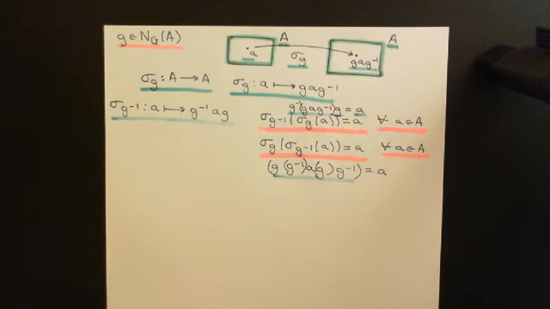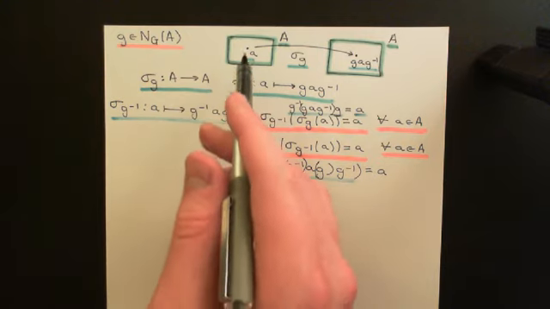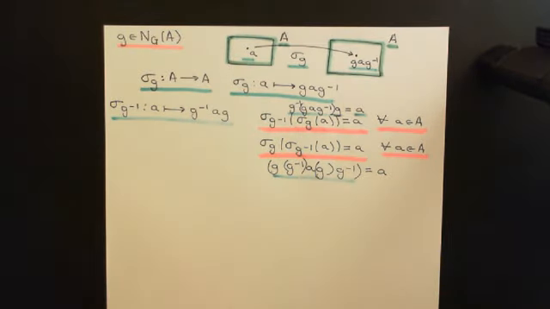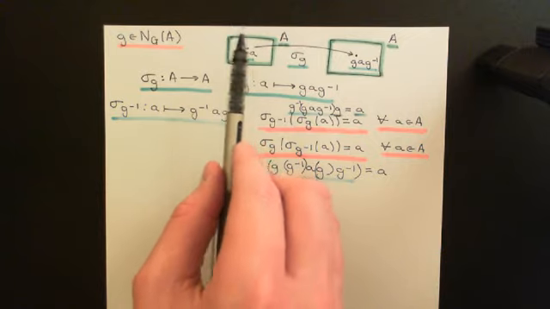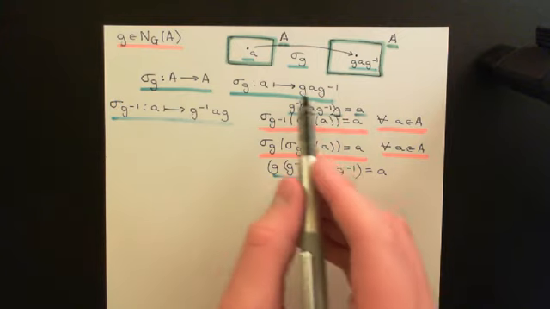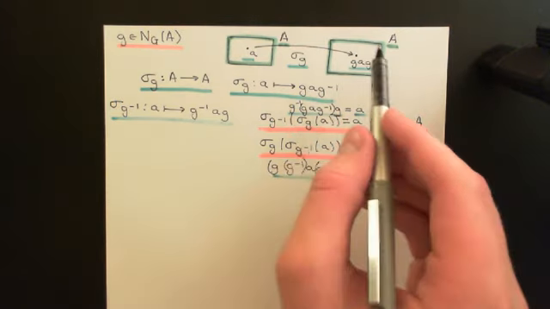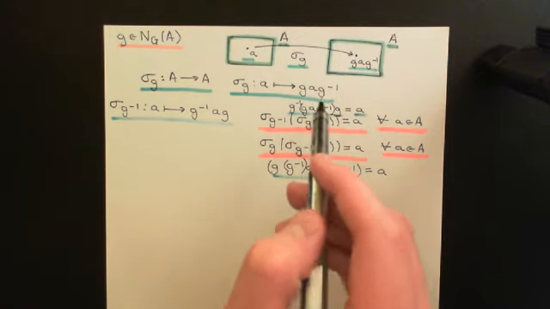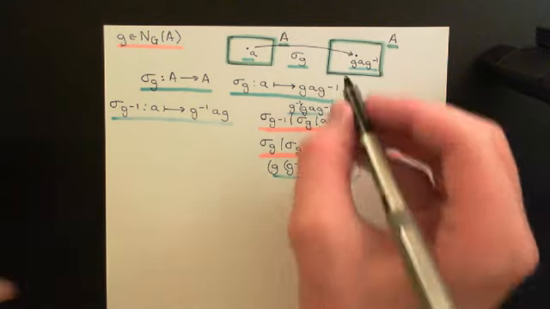So what that then means is that sigma g is a bijective map from the set A to the set A, and therefore it represents a set permutation of the set capital A. So conjugation as a map from the set A to the set A is a bijective one. Specifically, that means that it's a surjective map.